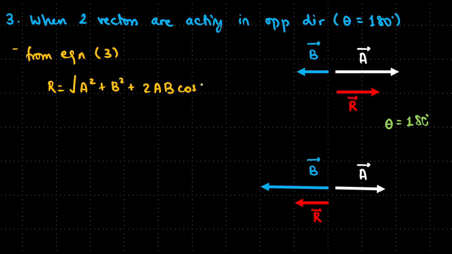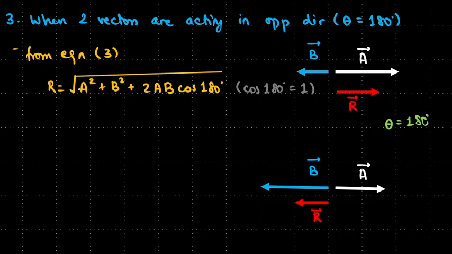So theta is 180 degrees, and cos 180 degrees is actually minus 1. Obviously, why these values are like that, you should have learned in math class, which I might teach you or I might not teach you. Depends. So let's continue with this.